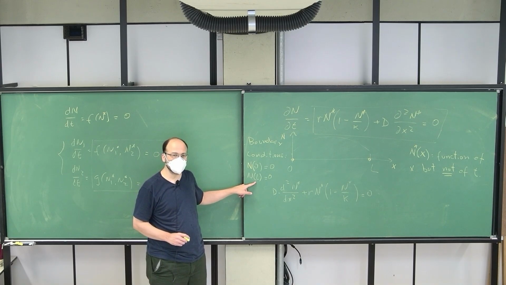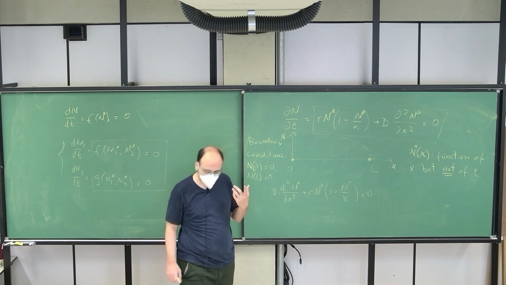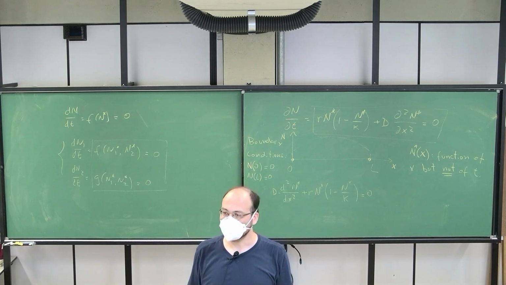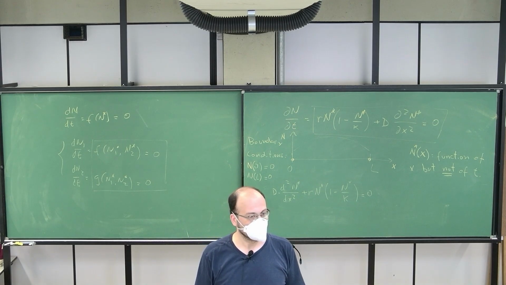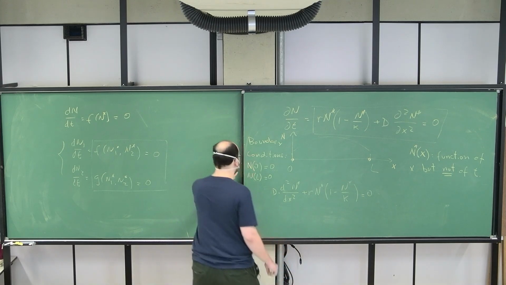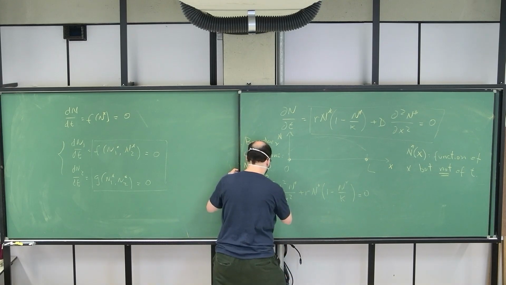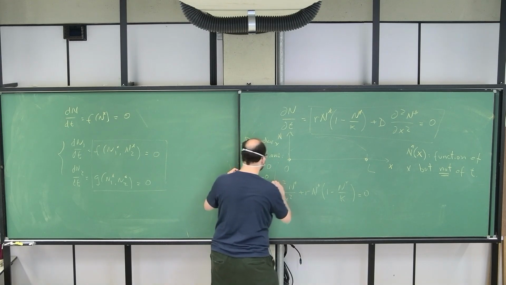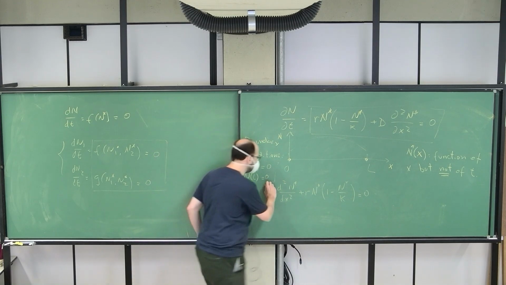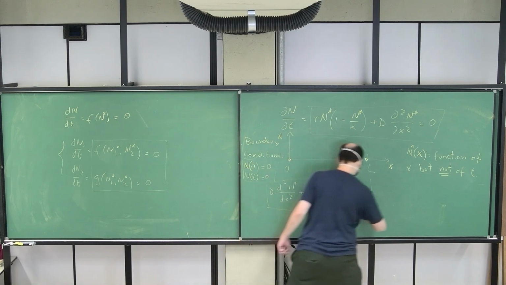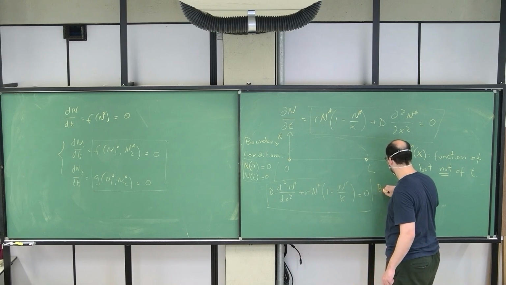So this is actually a completely different kind of problem than what we have been solving before. When you have a differential equation together with these boundary conditions, this is what is called a boundary value problem.